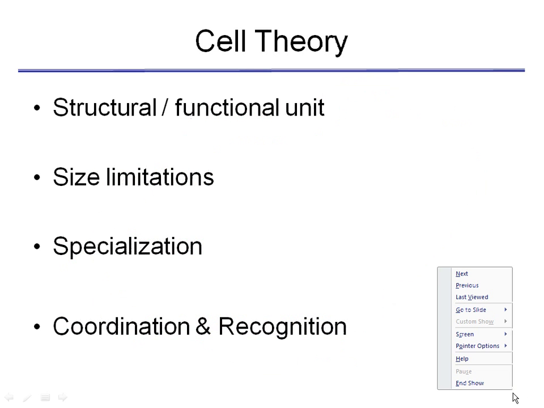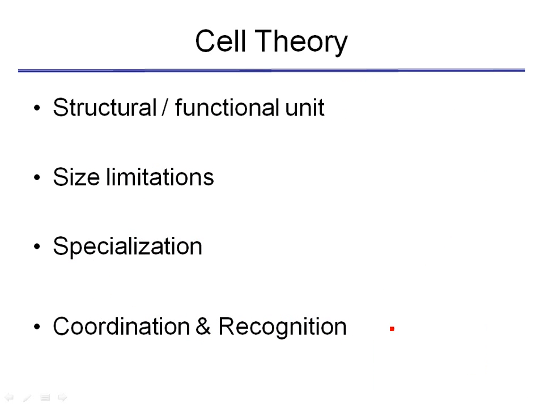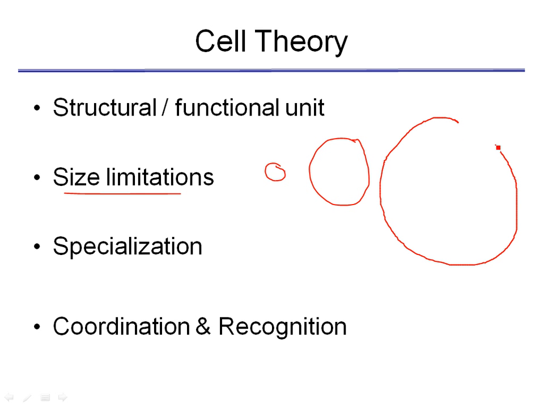So in lecture, we talked about the fact that the cell theory tells us that the cell is the structural, functional unit of a living thing, and that there are size limitations to cells. And here's what that means. The bigger a cell becomes, the larger its volume relative to its surface.